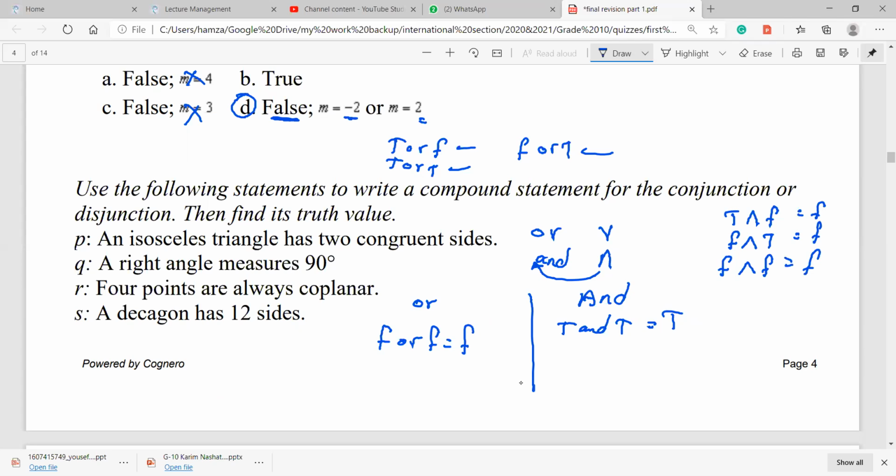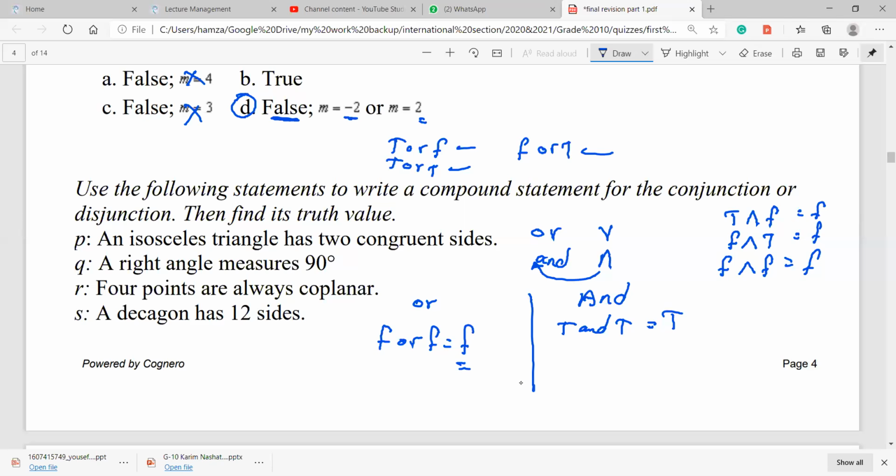So and will be true only under this condition, when both statements are true. But or is always true, except if the two statements are false.